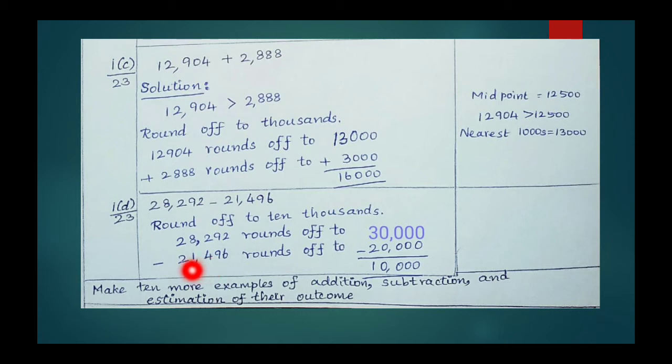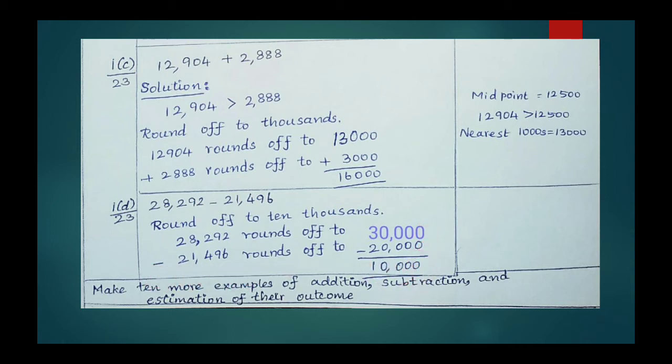It is less than 25,000, the mid value. So it is closer to 20,000 and it rounds off to 20,000 only. So now 30,000 minus 20,000 is 10,000.